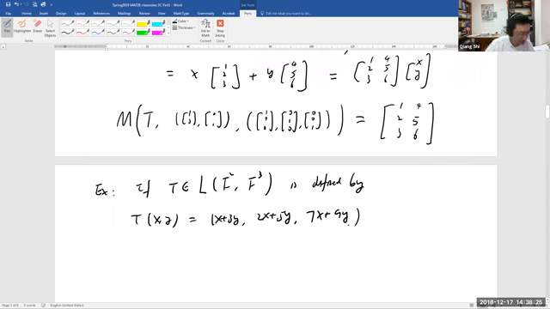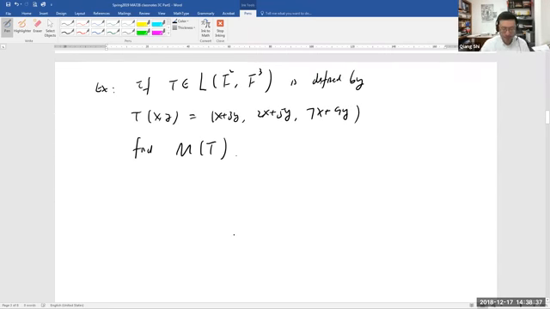Okay, then the question is, let's find the M of T. If we do not specify the basis, then we just take it as a convention that we mean the standard basis.